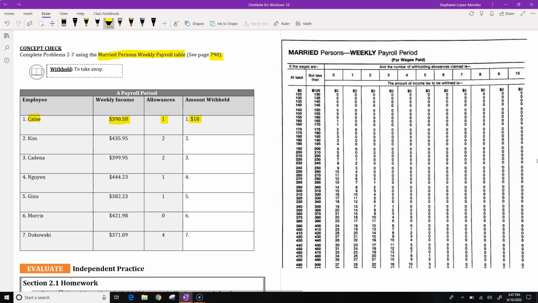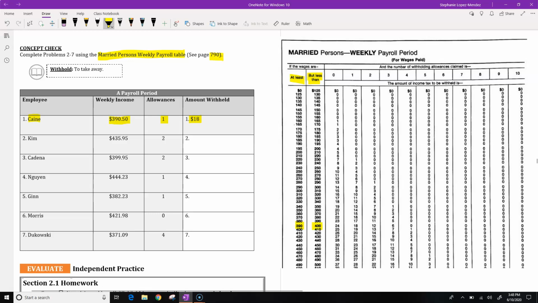So we go to our table and we need to look for the range where 390.50 will be. If I look at my table, I can find that it has "at least," that is the first column. It says at least 390. Okay, so I find it here. And now the second column says "but less than." So I know that it has to be less than 400.